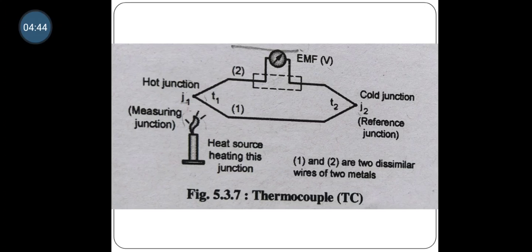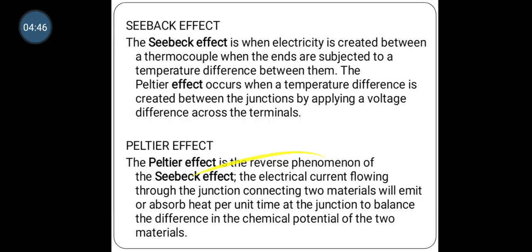Now, the Seebeck effect. When two different metals are connected to form two junction points, and one junction is subjected to high temperature and the other to low temperature, that is a thermocouple, then an EMF is induced which is proportional to the temperature difference between the two junctions.